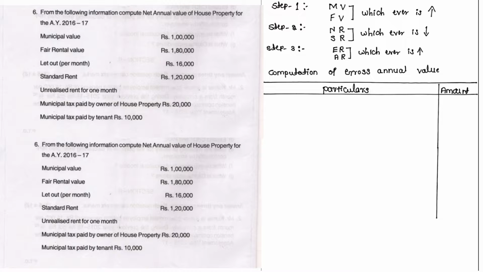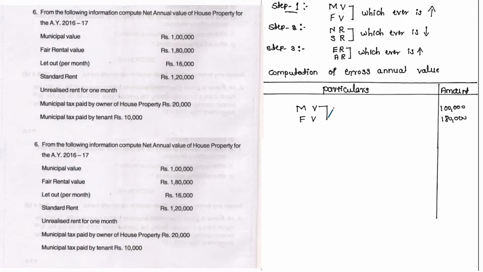Okay, in this problem we have to identify net annual value. To identify that, first we have to identify gross annual value. So step number 1, municipal value, how much they have given? 1 lakh. Fair rental value they have given 1,80,000.